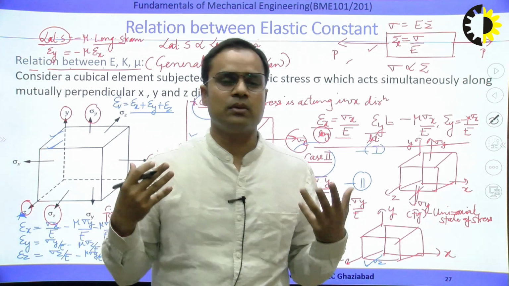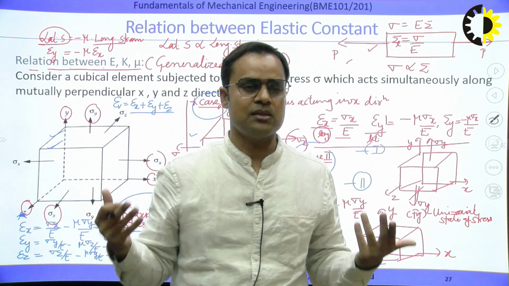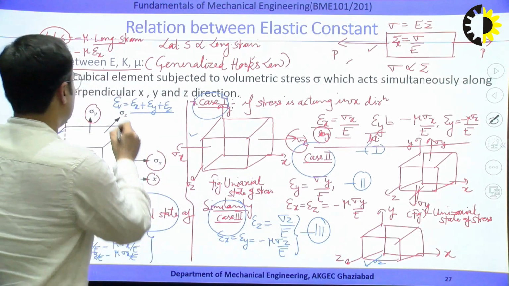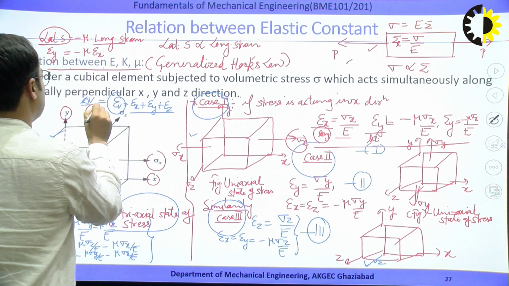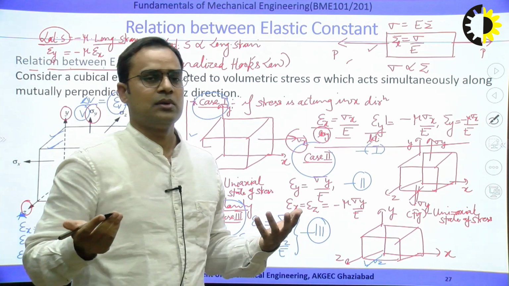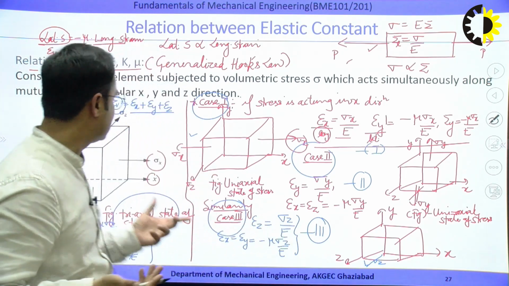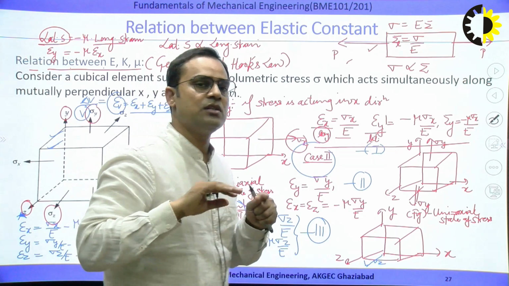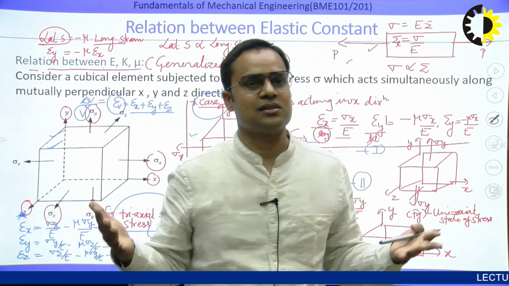If we want to calculate how much volume change has taken place due to the triaxial state of stress, the volumetric strain is the ratio of change in volume to the original volume. The original volume of the cubical element we know, and the strain we have calculated using these formulas, so we can calculate the change in volume due to the triaxial state of stress.